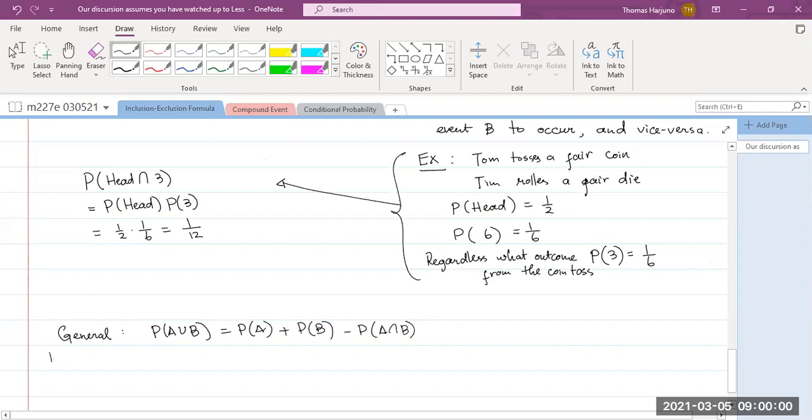Now, if A is independent of B, then we basically change the expression for the last term into probability of A times probability of B.